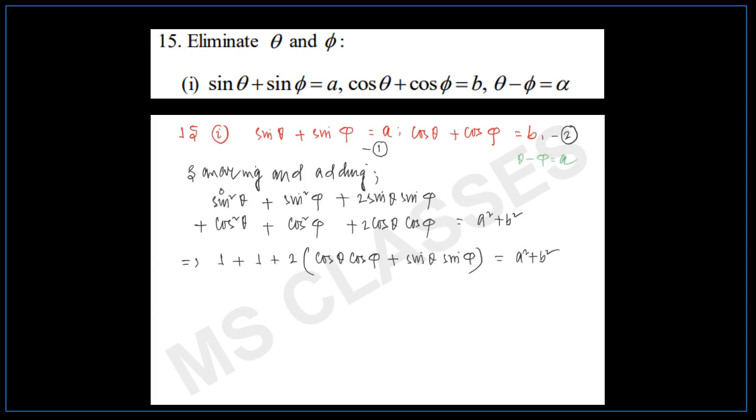And now from this one, what we get? 2 plus 2 cos theta minus phi equal to A square plus B square. Now from this we get cos theta minus phi equal to A square plus B square minus 2 by 2.